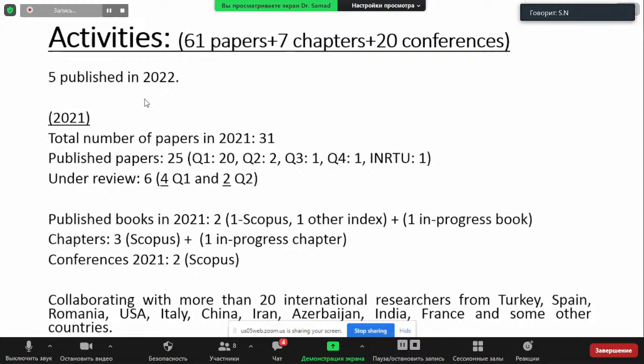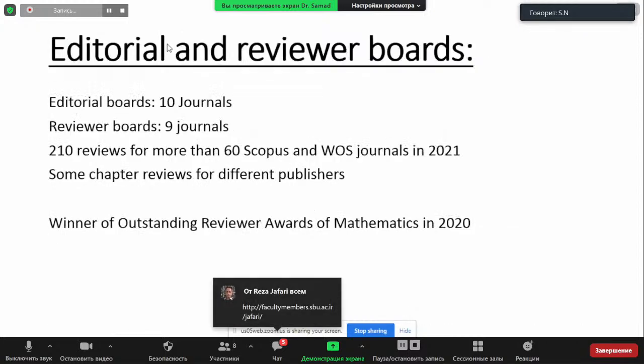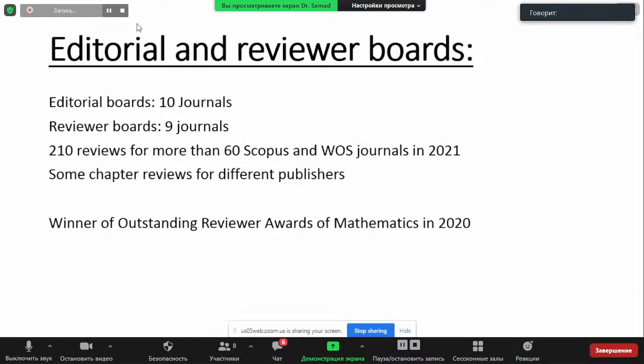All these researchers were working on mathematical models and also solving problems in engineering. Also, I'm a member of the editorial board of 10 journals, and I also review for 9 journals; in 2021 I reviewed 210 papers for various journals.